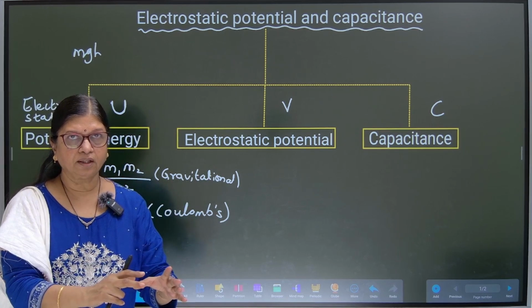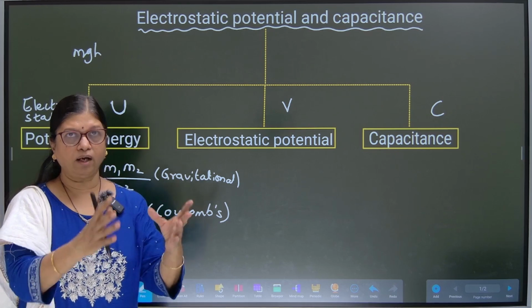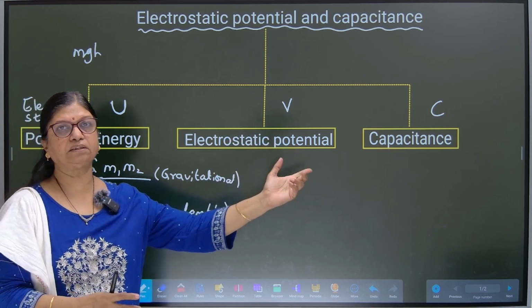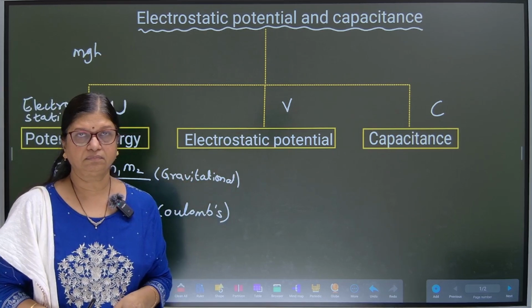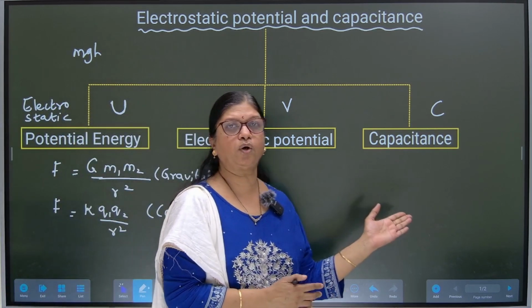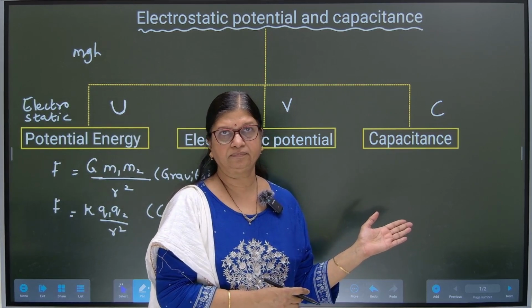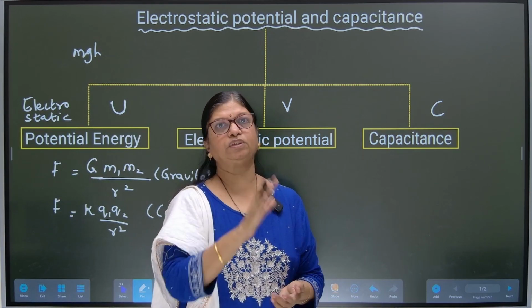If the work done is on a unit charge, then it is electrostatic potential, which is also stored. Where is it stored? In a capacitor, whose capacitance is C.